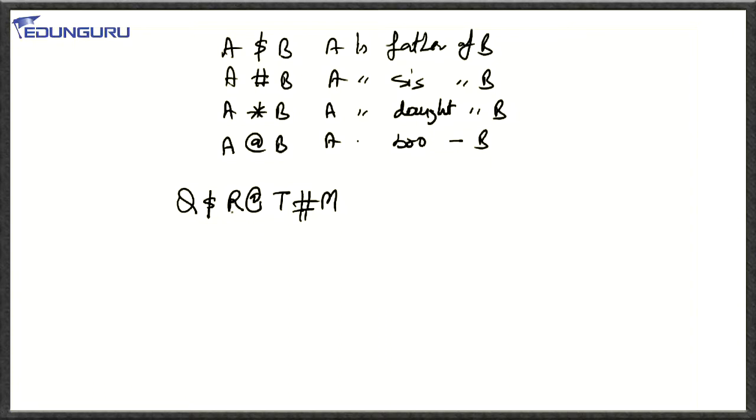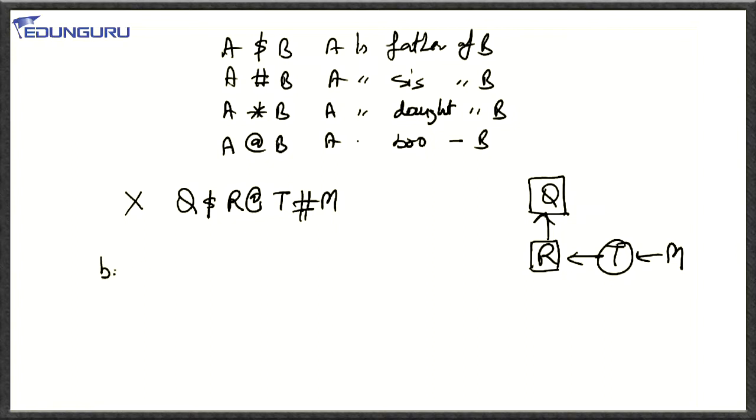Q $ R means Q is father of R. R @ T, @ means brother, so R is brother of T. T # M, # means sister, so T is sister of M. So, is it okay that M is wife of Q? Not at all. So, first option is wrong.